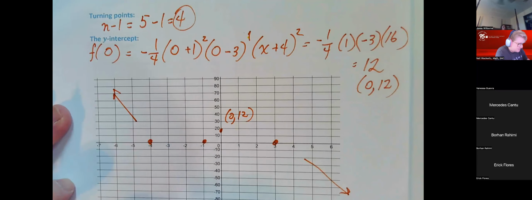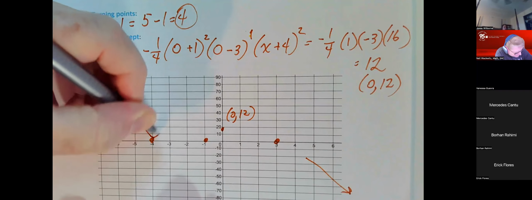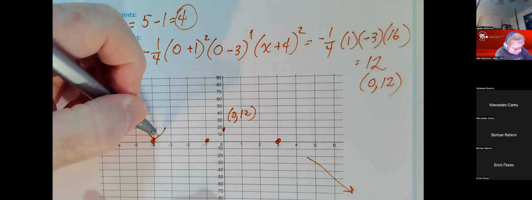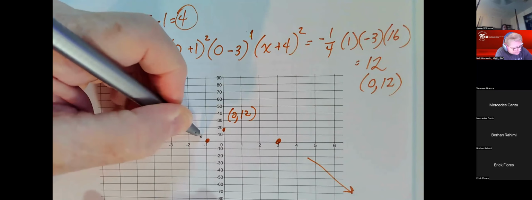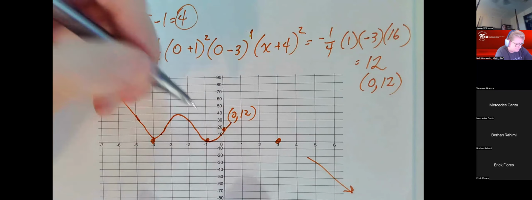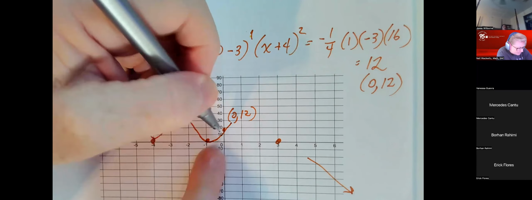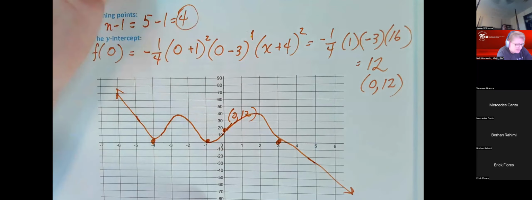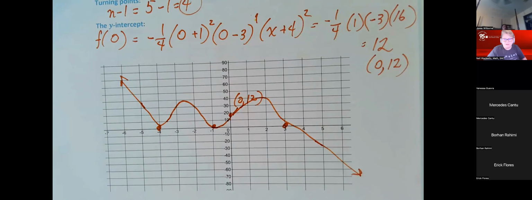Since I touch at -4, I'm going to bounce up. We also touch at -1, so I have to turn in order to do that. And then we cross the y-axis at 0, 12, cross the x-axis at 3, and there's kind of a picture.